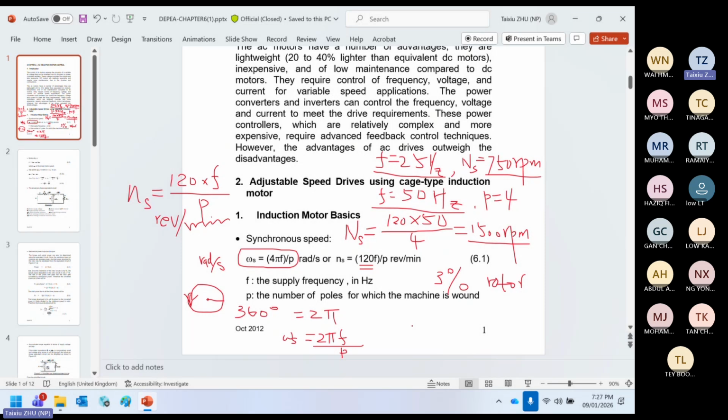If I times 60, I get the radians per minute, because there are 60 seconds in 1 minute.